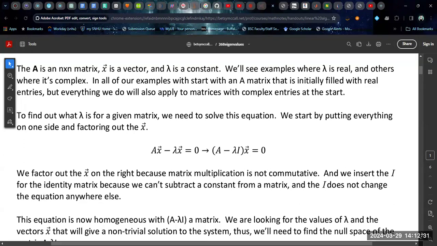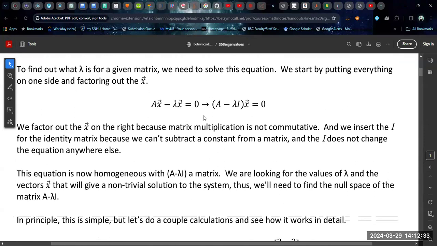Now, once it's in this form, essentially what we're looking for is a non-trivial solution to this dependent homogeneous system. A good way to show that you've made an algebra mistake for problems like this is to end up with a vector that is all zeros, because that would mean that your matrix is actually not dependent.